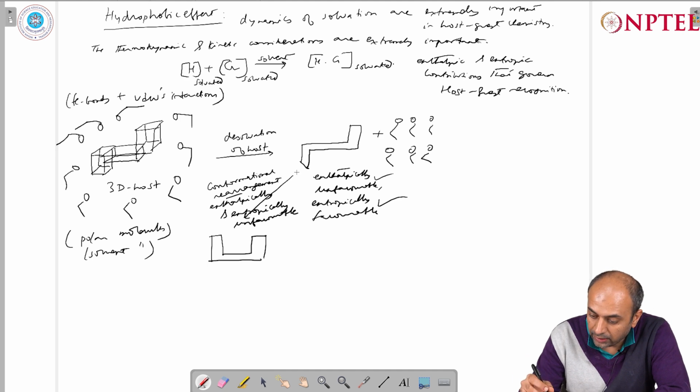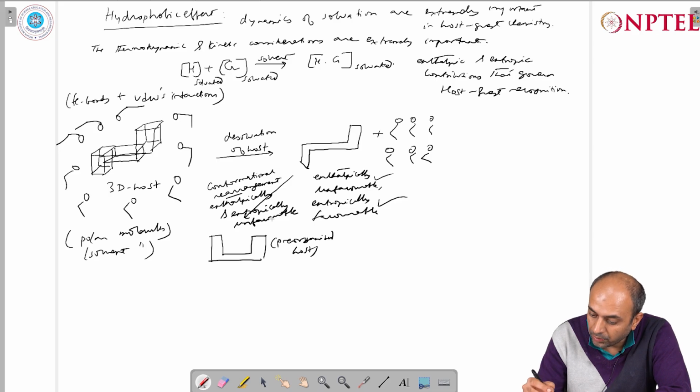And it is at this stage that we discussed that if you have a pre-organized host, then the process is highly facile because this enthalpy and entropy cost will not be involved.